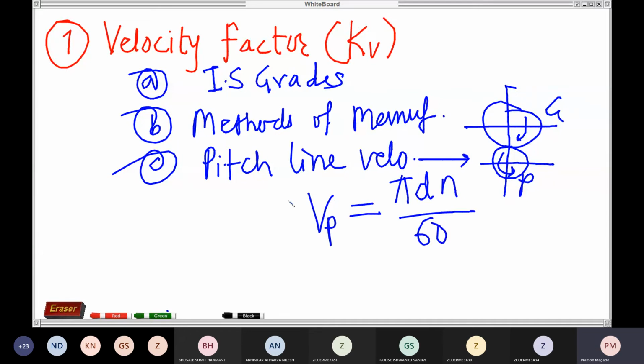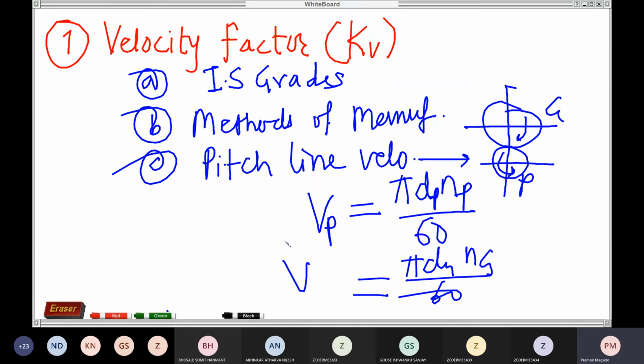And if this velocity of pinion we need, we have to calculate for pinion, I will have to write dpnp. If that pitch line velocity for gear, I will have to write dg ng. So this will be the pitch line velocity for the meshing. So these are the three basic parameters on which the velocity factor is dependent. कळालं का रे बाळांनो?